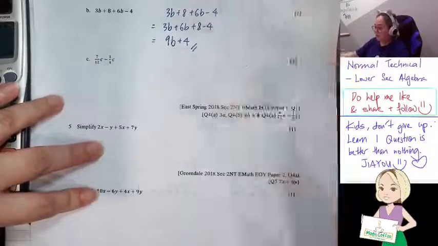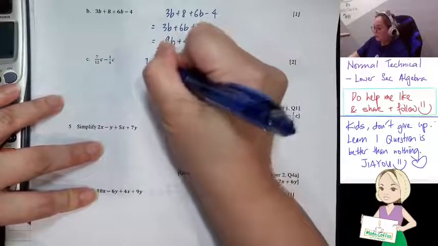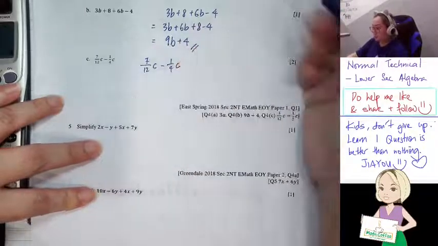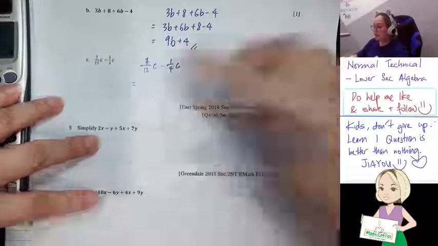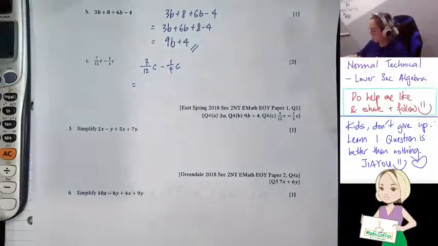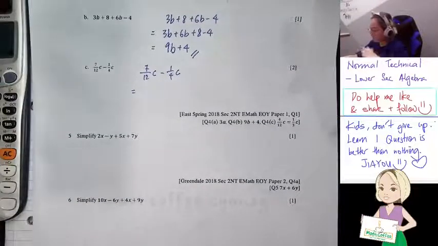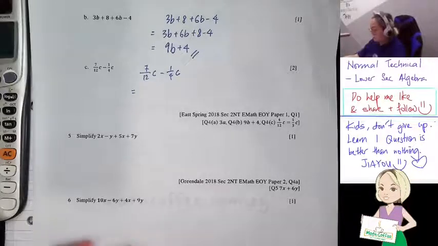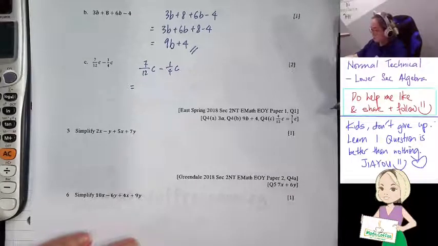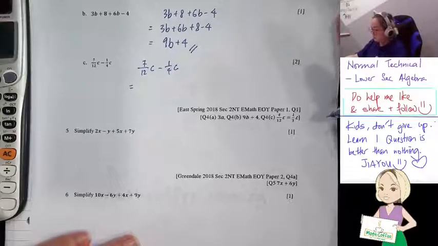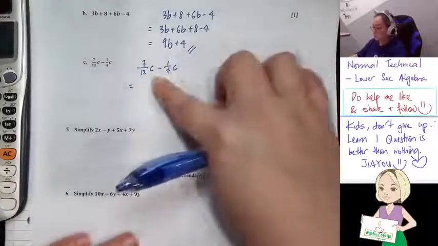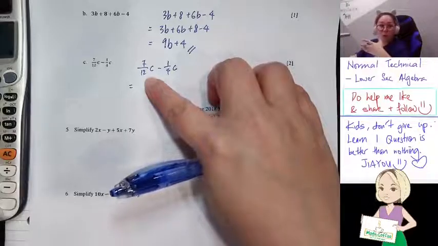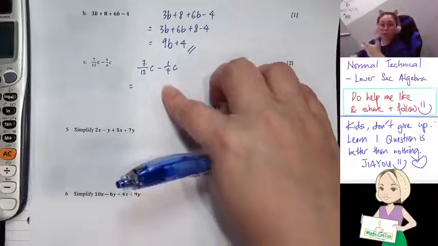Okay, over here, 7 over 12 c minus 1/4 c. So again, don't have to panic, because you can use calculator. So this means there's like a 7 over 12 coconut minus 1/4 coconut, right?